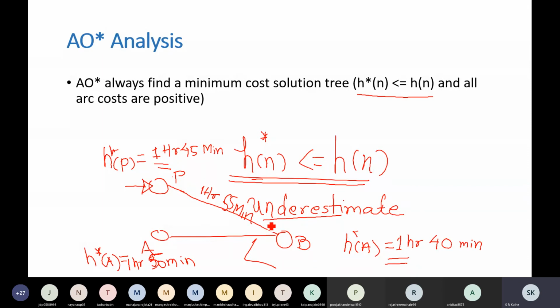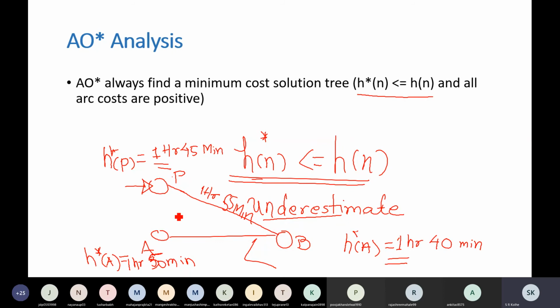So although this is not a better path, the algorithm has selected this path and returned it as a solution, which is not a minimum cost solution. This has happened because this was an overestimate. Actual time required to reach B is 1 hour 40 minutes. The heuristic function returned 1 hour 50 minutes, which was an overestimate.